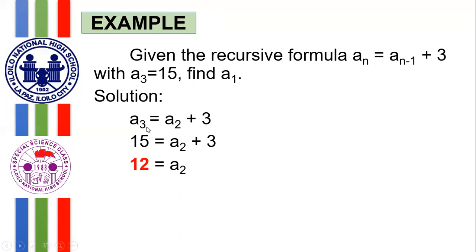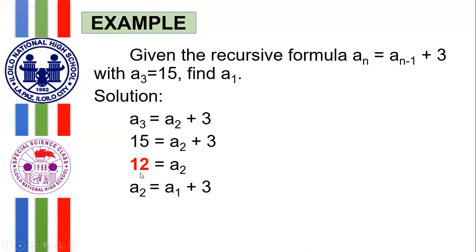After having a sub 3, we will now have the lower subscript 2. So we will replace all the n's here by 2. With that, you will have a sub 2 equals a sub 1 plus 3. But what is a sub 2? It is 12.